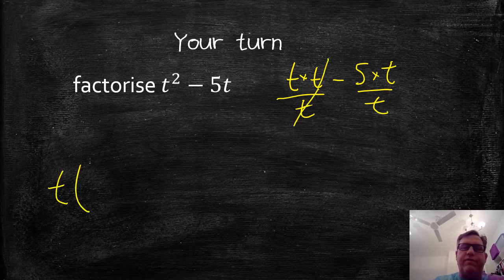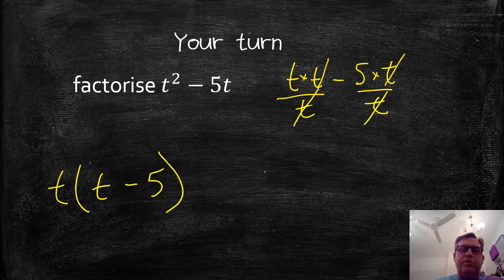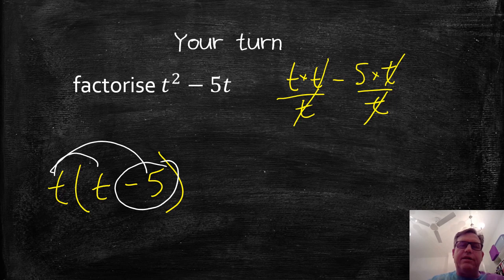So t squared divided by t is simply t, and minus 5t divided by t is minus 5. So my answer is t times bracket t minus 5. We can check it. t times t is t squared, and t times minus 5 is minus 5t.